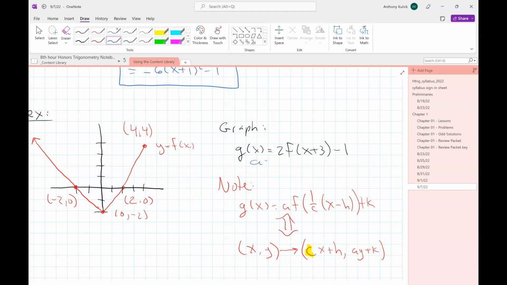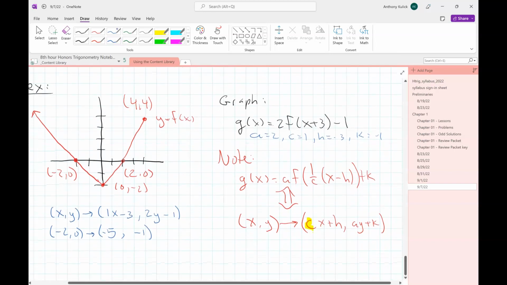So, just looking at my problem, I can identify the values for A, C, H, and K. I can use those to write my function map. And then I can just take my points and translate them using this map.